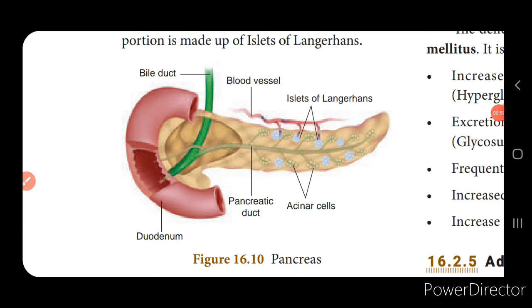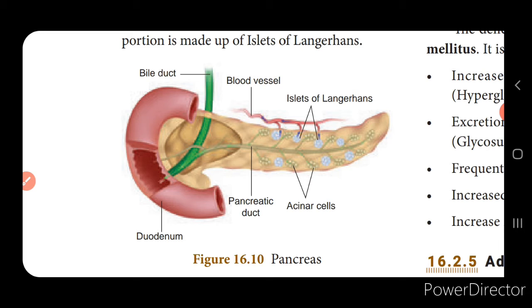Now the next gland that we are going to see is the pancreas. Now pancreas, if you see, is elongated, yellowish in color, and situated below the stomach, in the loop of the stomach you can say, and this acts both as an exocrine and endocrine gland. Now we said that the exocrine glands have specific ducts and endocrine glands are the ductless glands, isn't it?